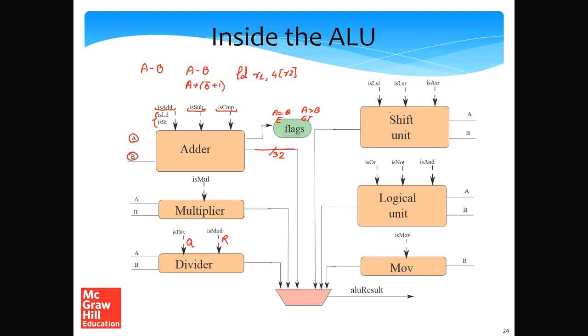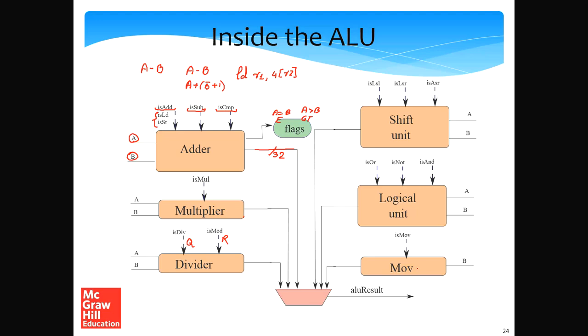So they have their corresponding control signals. Then we have a logical unit which computes the results of the OR, NOT, and AND functions. NOT, of course, will not have a second operand, but the other two, OR and AND, will have two operands. So the logical unit does that.